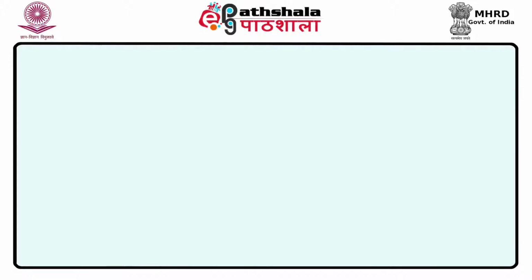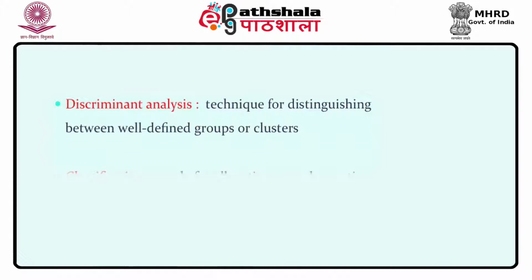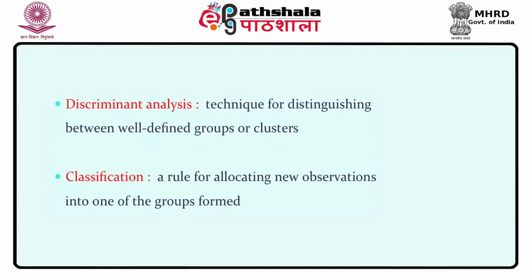To begin with, we first need to distinguish between discriminant analysis and classification rules. The technique for distinguishing between well-defined groups or clusters is referred to as discriminant analysis. So what it does is it separates observations into different groups and identifies the differences between these groups.